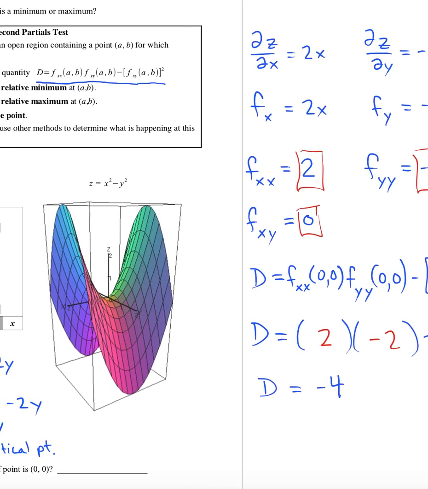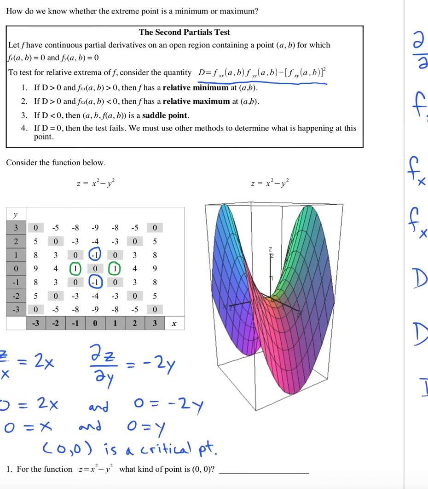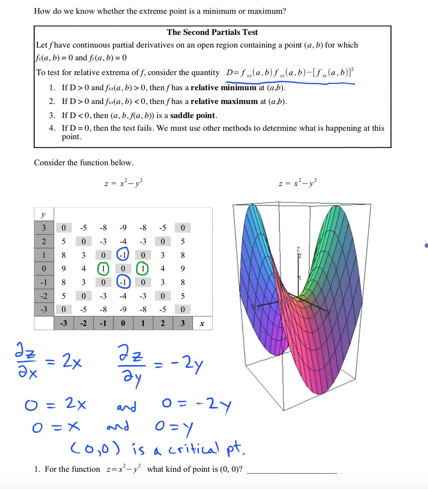Now we should go back to the guide here. We discovered a d of negative 4. So if d is greater than 0 and your fxx is greater than 0, then you have a relative min.